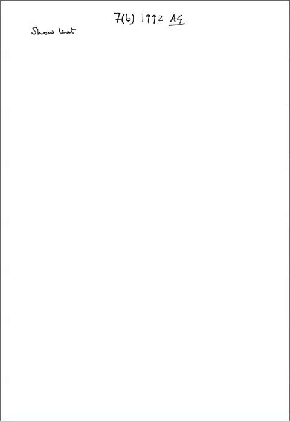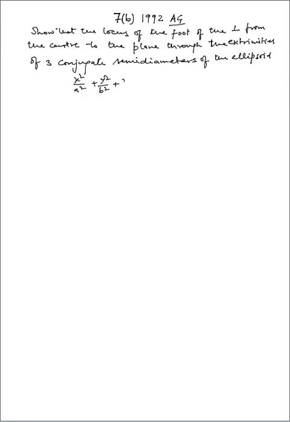Show that the locus of the foot of the perpendicular from the center to the plane through the extremities of three conjugates of the ellipsoid x square upon a square plus y square upon b square plus z square upon c square is equal to 1 is a square x square plus b square y square plus c square z square is equal to 3 (x square plus y square plus z square). So this question may be asked in this form also.